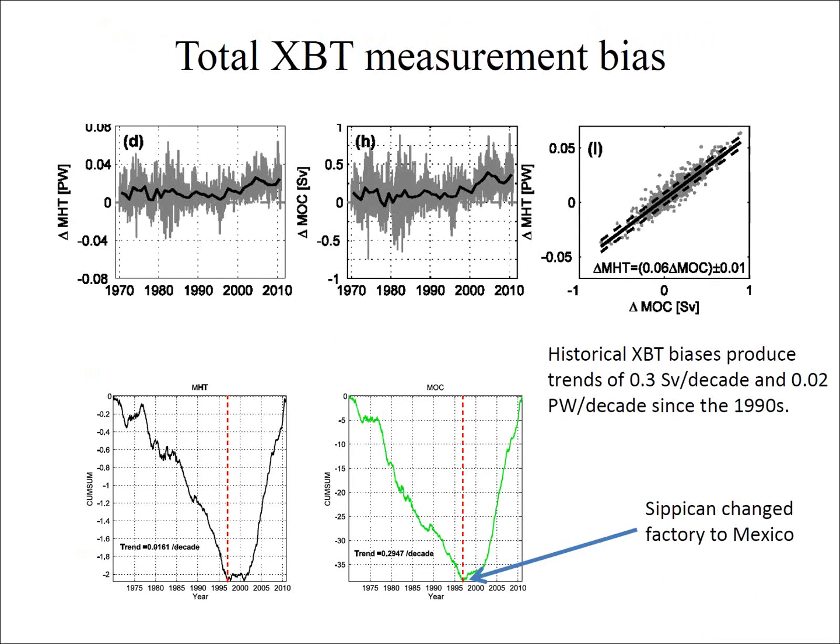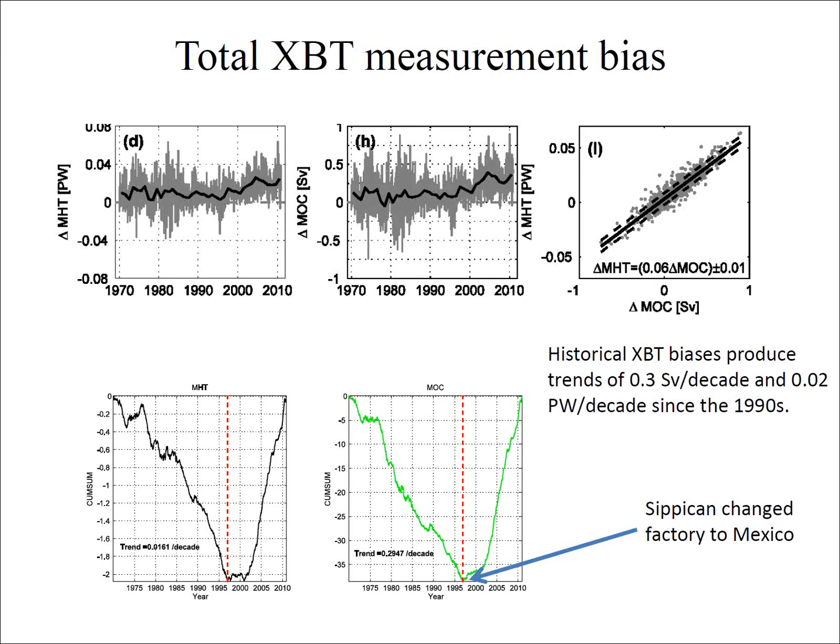And so here, if we add all the uncertainties together, we see that it can go up to 0.4 petawatts and 0.3 petawatts and almost 0.5 sverdrups. And we have a really strong relationship between the heat transport and the AMOC. This is similar to what has been estimated in other studies in the region.